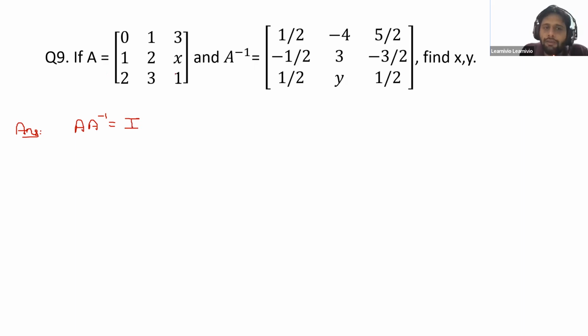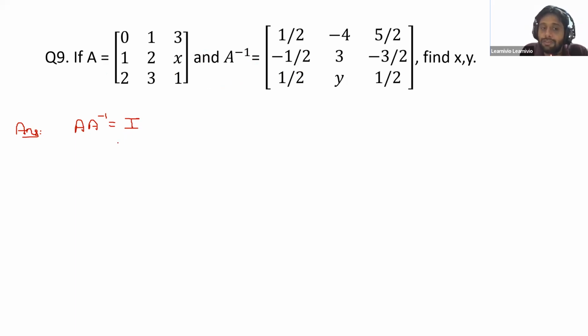We have A inverse, so you can easily multiply these two. We will multiply and equate with identity. On the left side, you will get some equations in terms of x and y. On the right side, you have either 1 or 0. You can easily equate them.